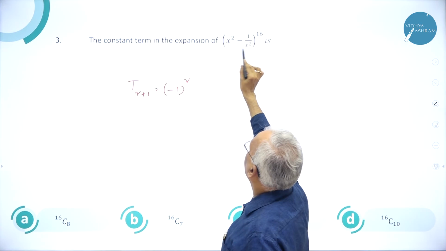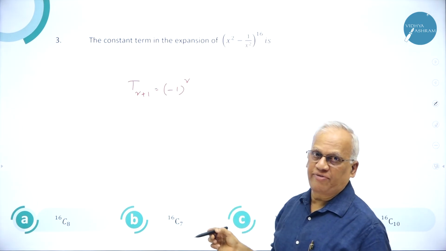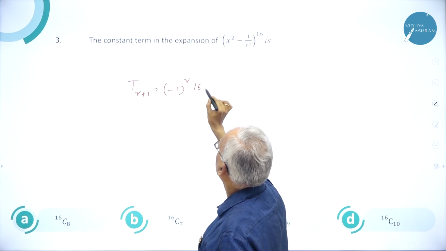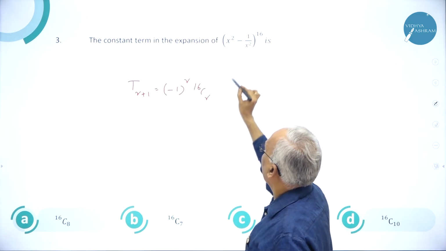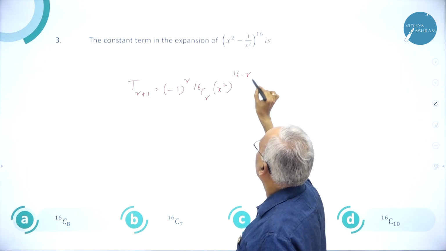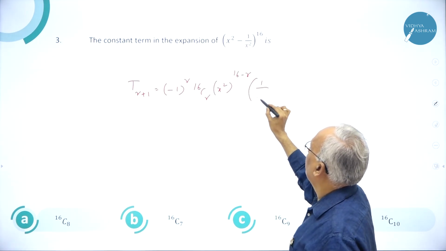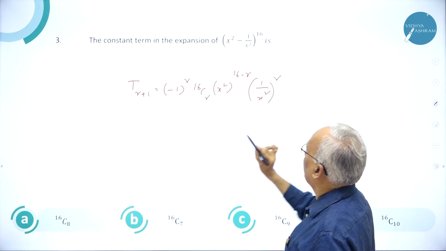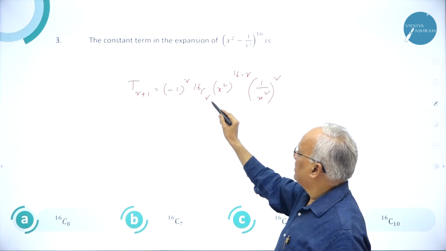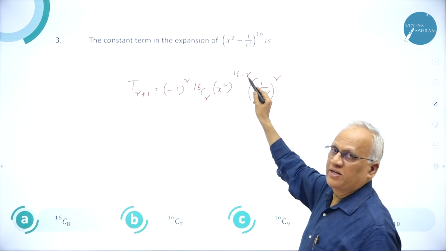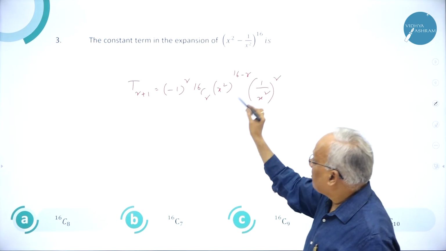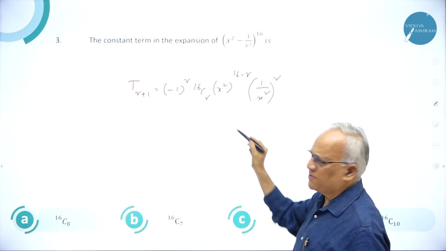If in between you have minus sign, then it is the extra factor you have, into nCr, that is 16Cr, into a is x squared to the power 16 minus r, into a is 1 over x squared to the power r. Write this very clearly. Minus 1 to the power r into nCr into x power n minus r into a to the power of r.